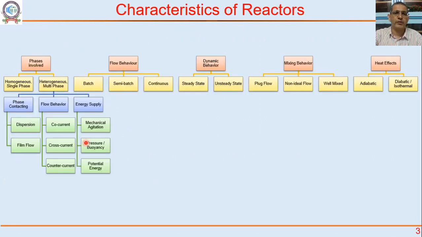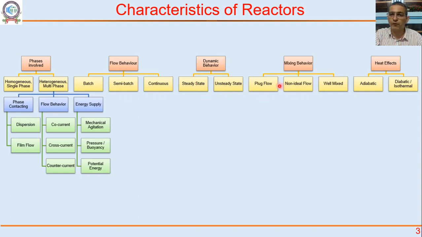Okay, so hydrogenation of nitrobenzene you could carry out in a batch manner, in a semi-batch manner, or in a continuous manner. Sorry, if you are carrying it out in a batch reactor, it would be unsteady state. If you are using it in a continuous manner, it could be a steady state.